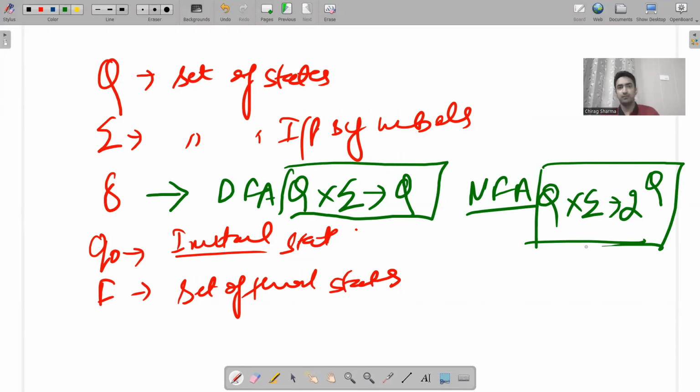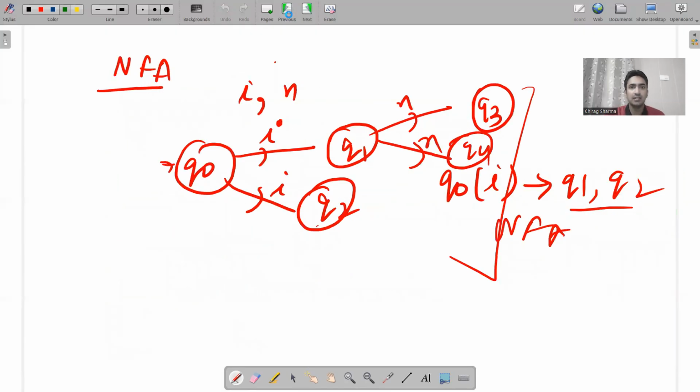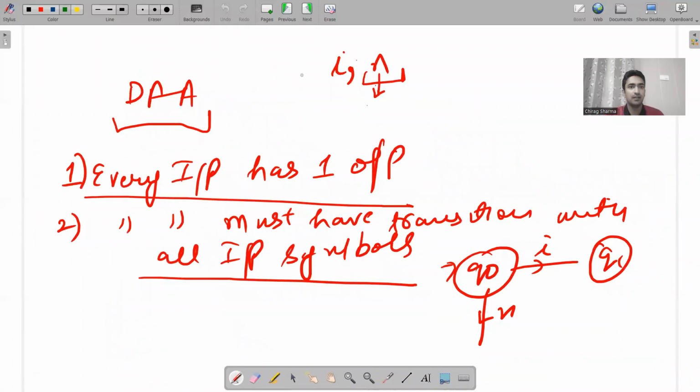In the next lecture, you will study the construction of DFAs. The important part of that is that every input has one output, and every state has a transition with all input symbols.